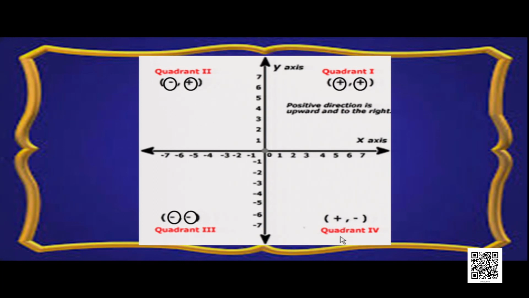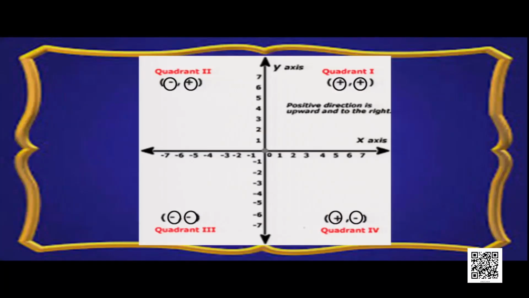And in the fourth quadrant, see, x is positive and y is negative. So we can say both x and y have positive and negative signs. Now, this shows how to put a point on the Cartesian plane.